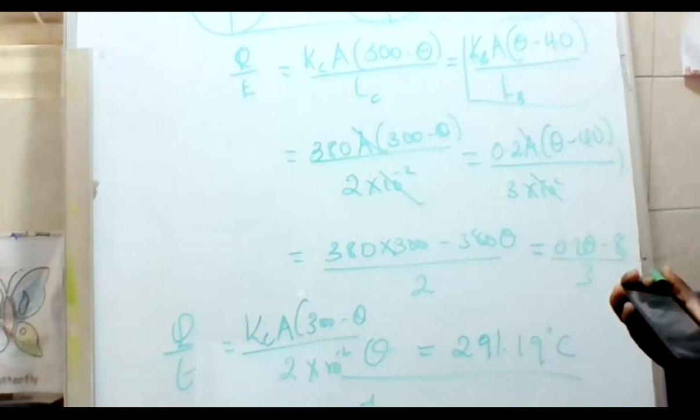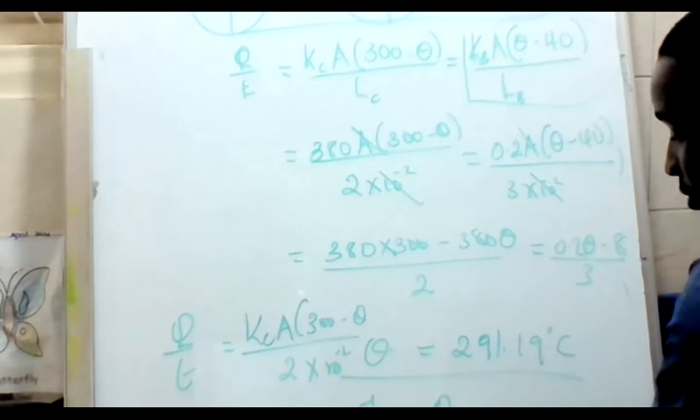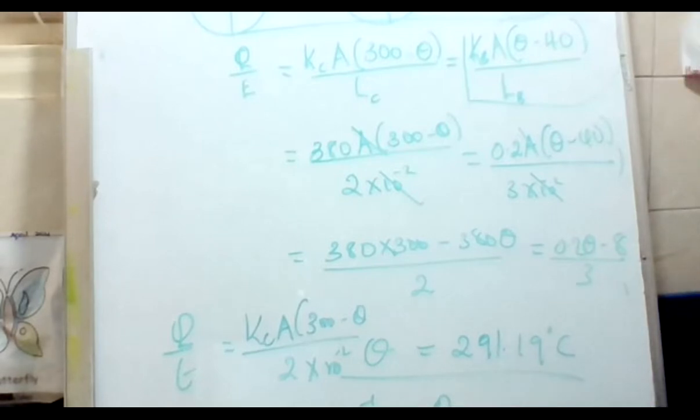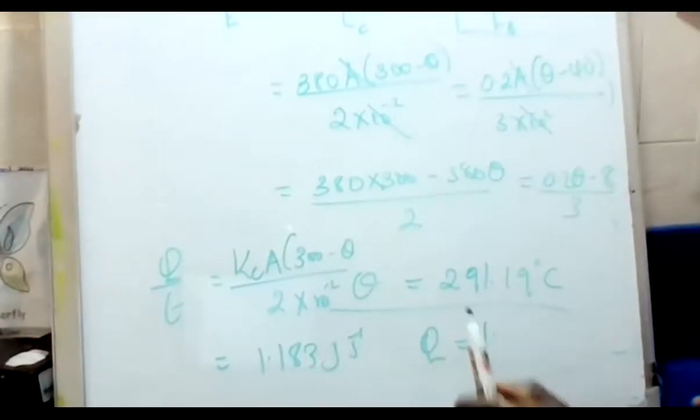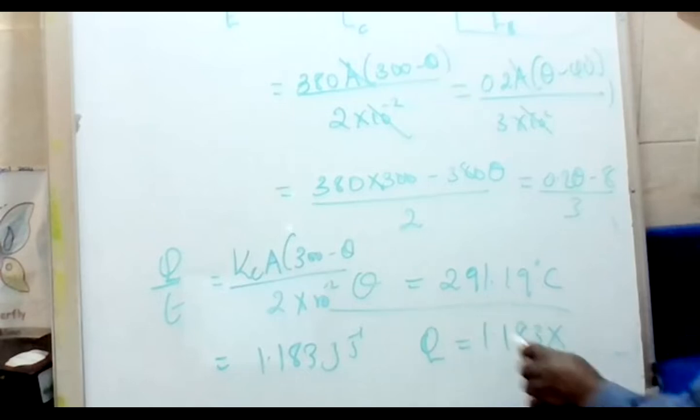Then the quantity of heat flowing across the junction in 10 minutes: just multiply that times the time. Q will be equal to that rate, 1.183, times the time given here, which is 10 minutes.